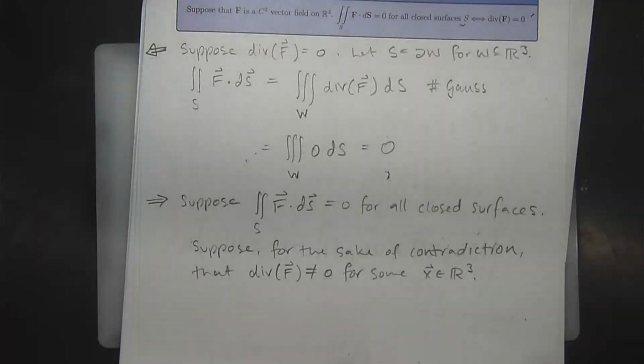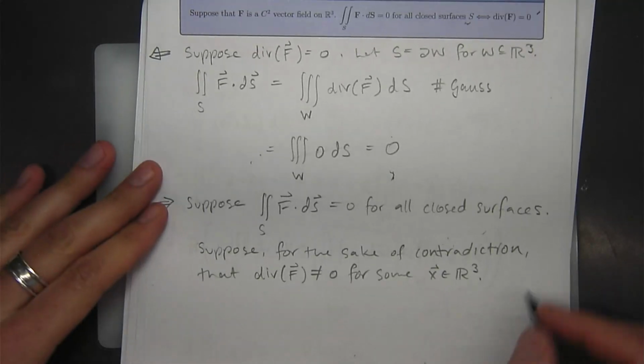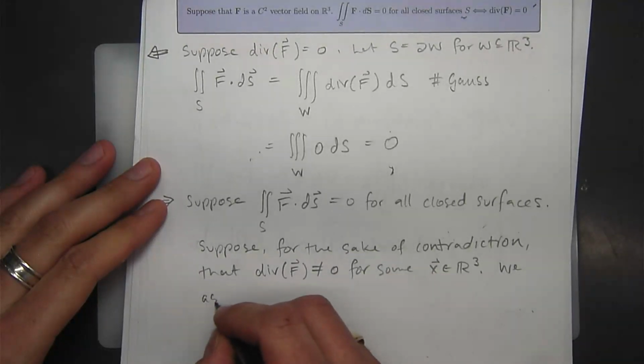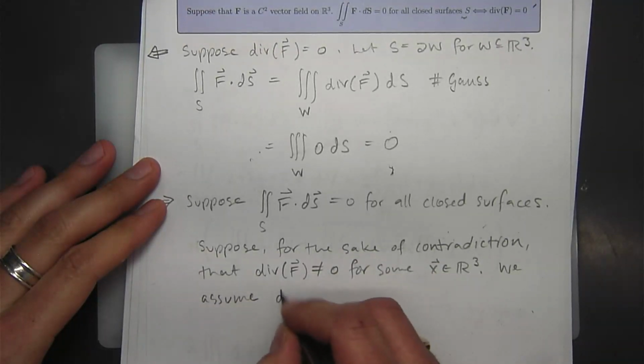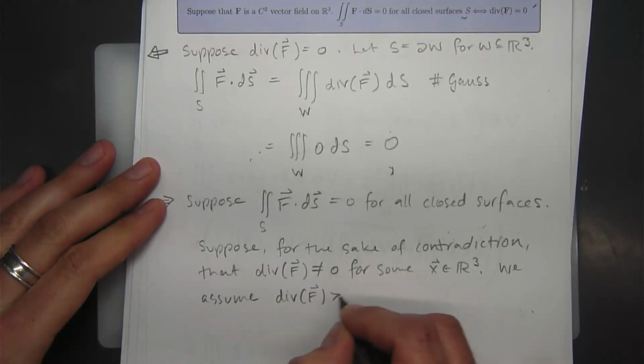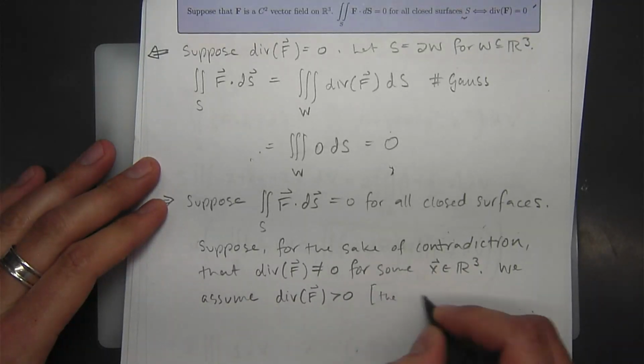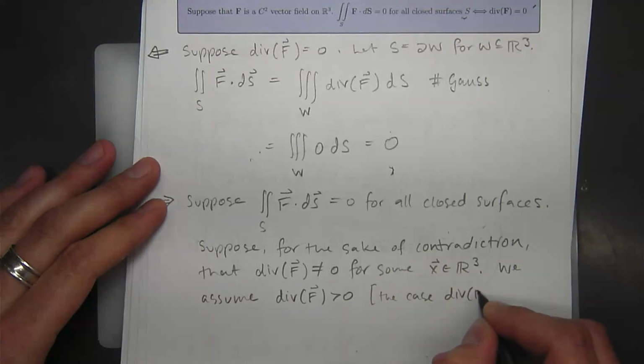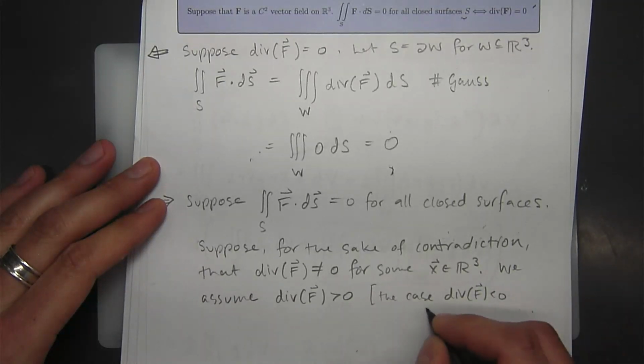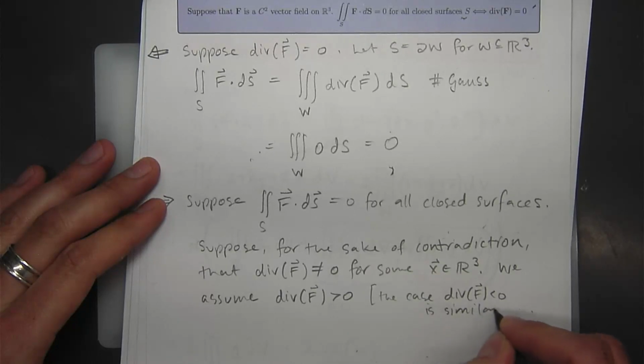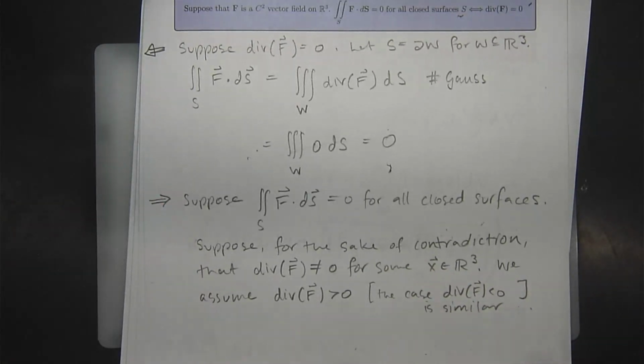If there's some point where we're not divergence 0, we might as well assume that we're positive divergence. The negative case will be very similar. So what's going on? Our vector field is expanding at some point. Things are pushing outwards at that point. What can we do then?